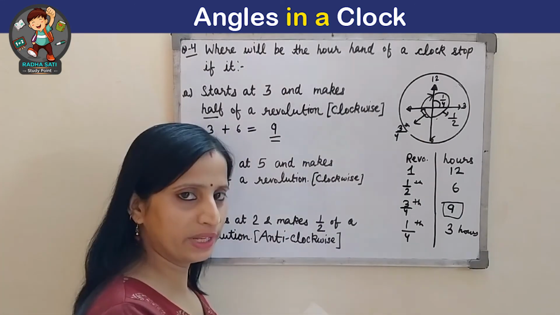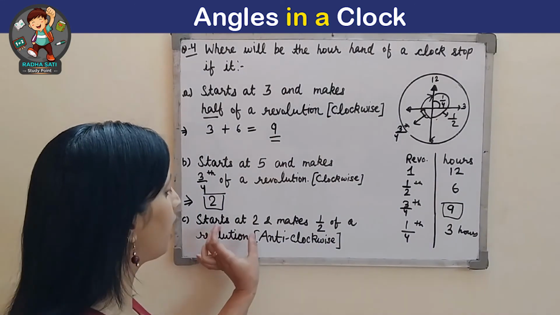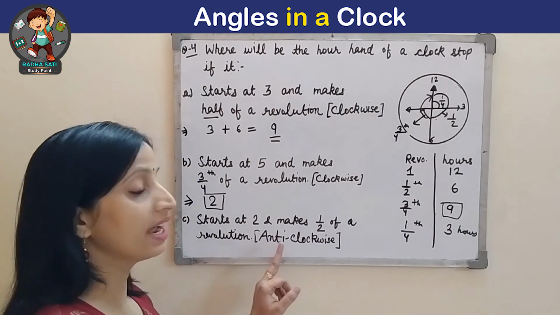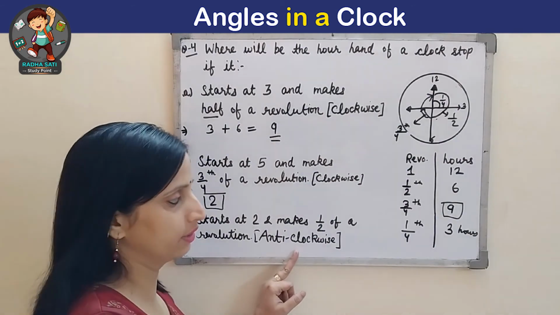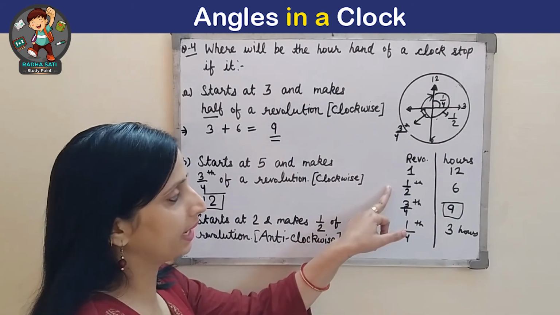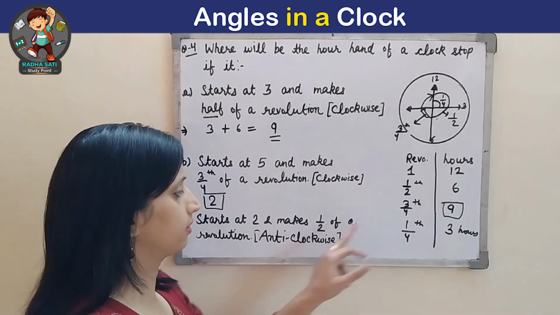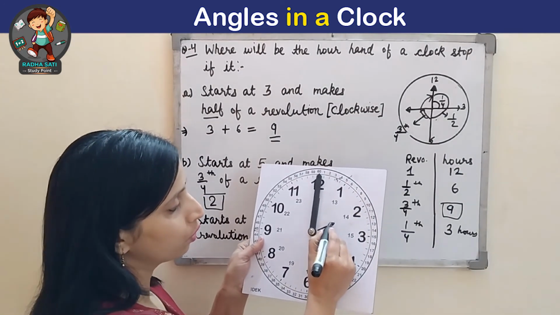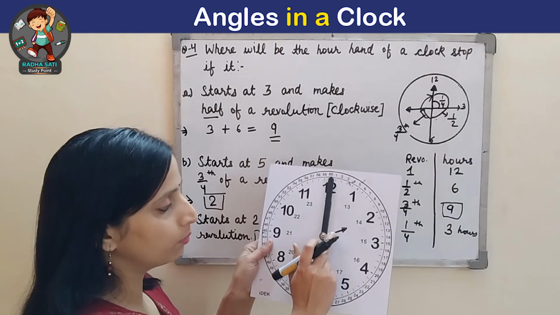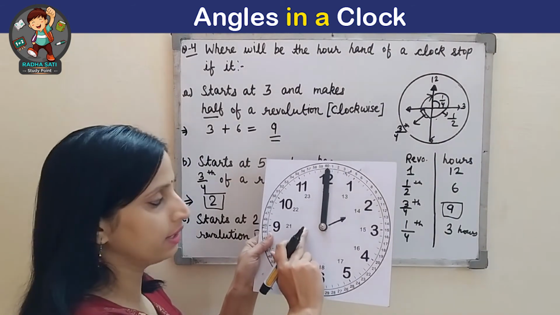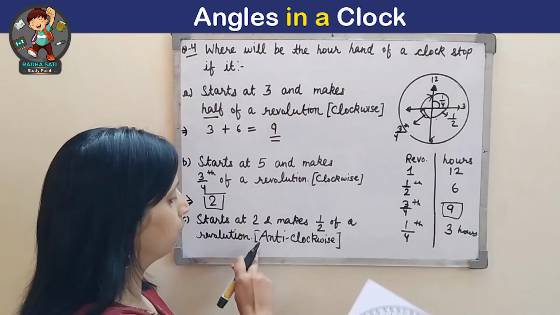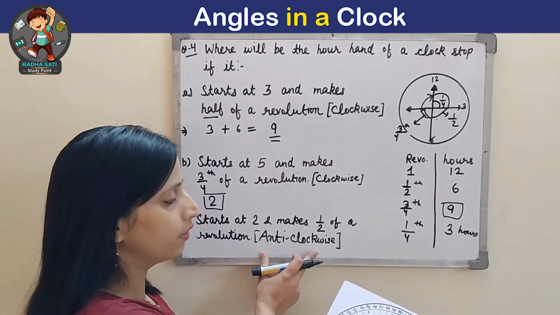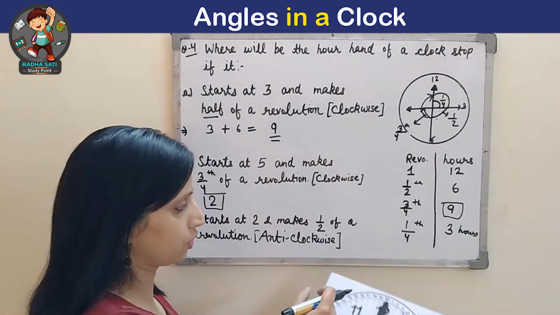Okay. Now the next is, if it starts at 2 and makes half of a revolution in anti-clockwise direction. So half of a revolution means 6 hours and it's starting from 2. From 2, now it will move in backward direction 6 hours. Okay, because it's anti-clockwise mentioned here. So we will go in reverse direction.